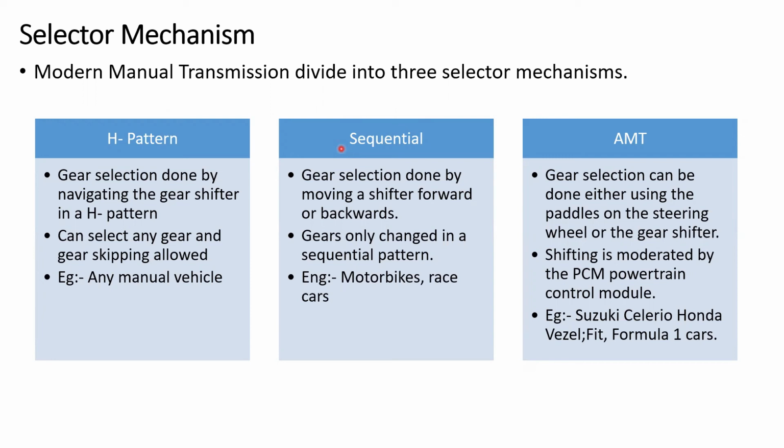One disadvantage is, in order to do so, a bit more force has to be applied. So this system is not much used in four-wheel vehicles, only motorbikes and three-wheelers use this. The H pattern gearbox is the very popular one.